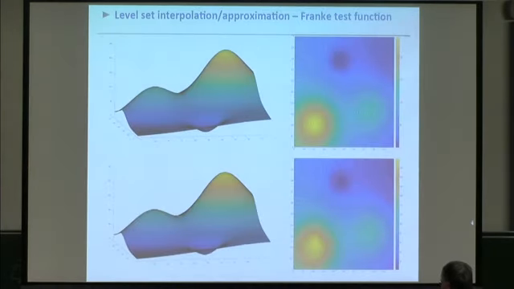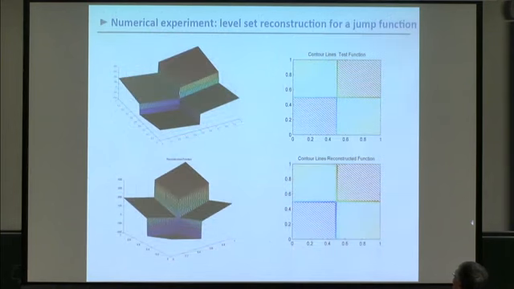rectified. So, by the traditional test function for interpolation, at least this is very smooth. So we can see the results are very close. For a jump function, you can see you can have the jumps.